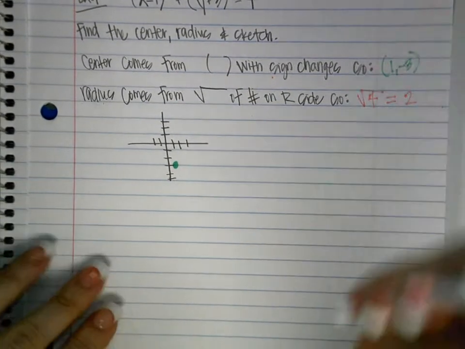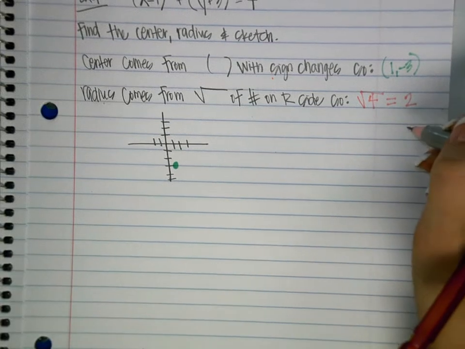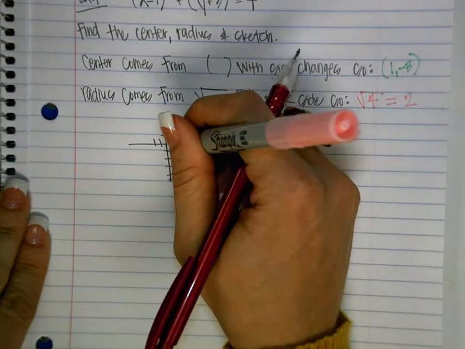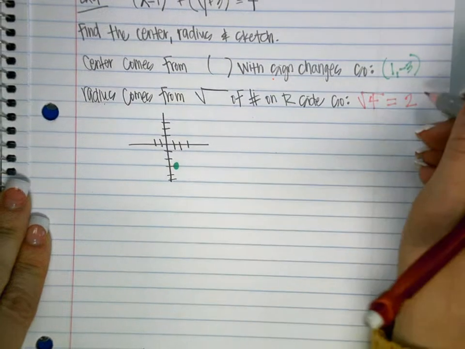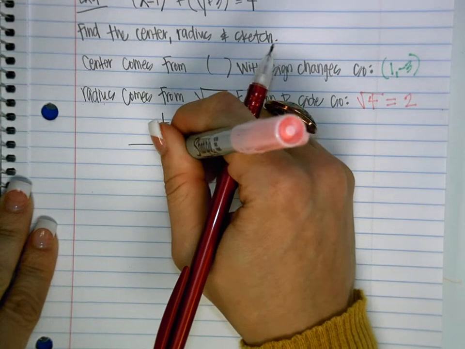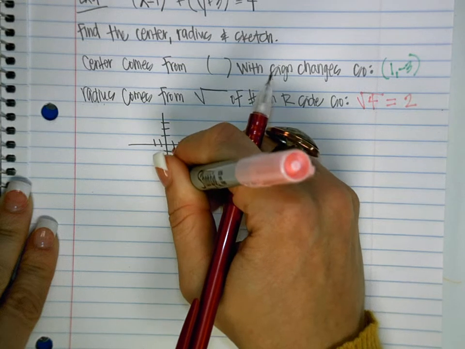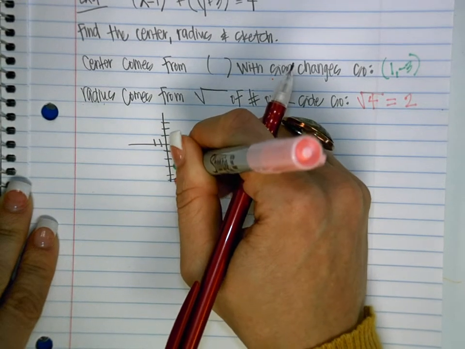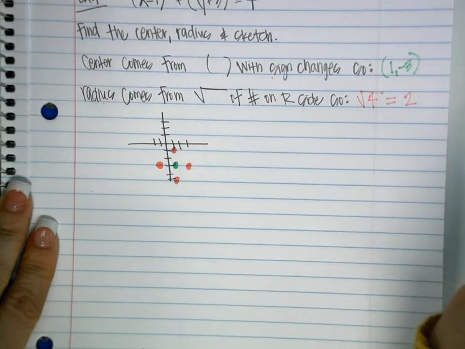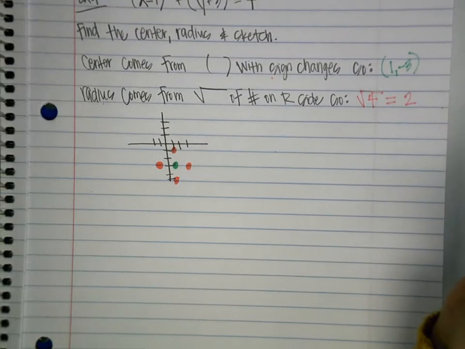So the radius, we're gonna make guidelines basically for the radius. So in each direction, meaning up, down, left, and right, I'm going to move from the center, we're going to move 2. So I'm going to put a dot up 2, down 2, right 2, and left 2 of the center. Okay, so we're going to make kind of just little dots.